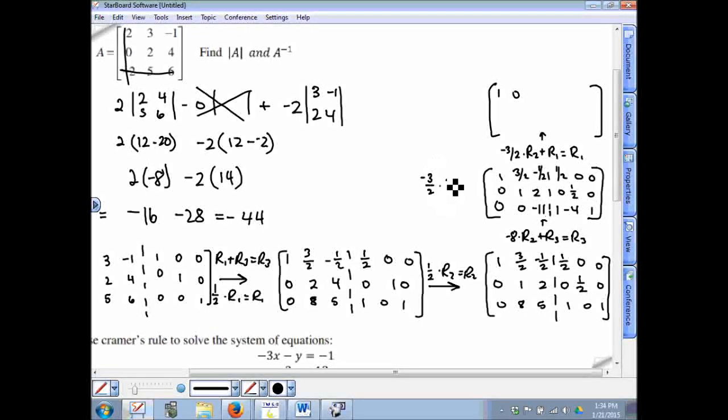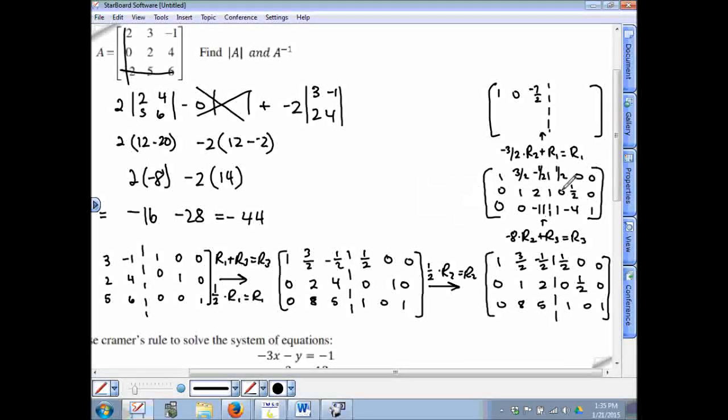Let me write that down. Negative 3/2 times 2 is negative 3, because the 2's cancel. So that's what we're adding to negative 1/2. So we have negative 3 plus negative 1/2. That's negative 7/2.